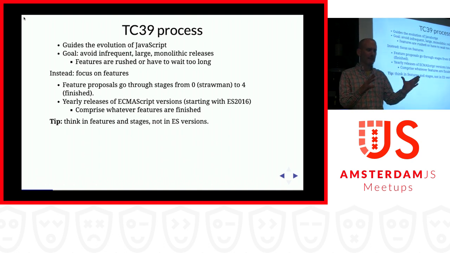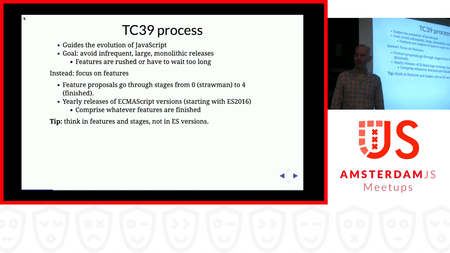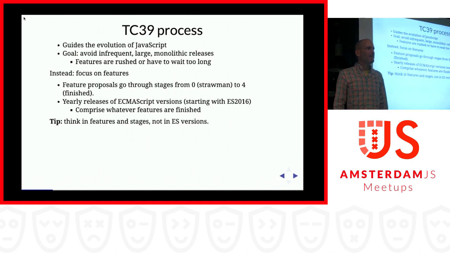And if you have these large releases and the time between the releases is long, then you have a problem, because sometimes you have smaller features and you could already standardize them because they're ready, but you have to wait until the next version of the language standard is released.